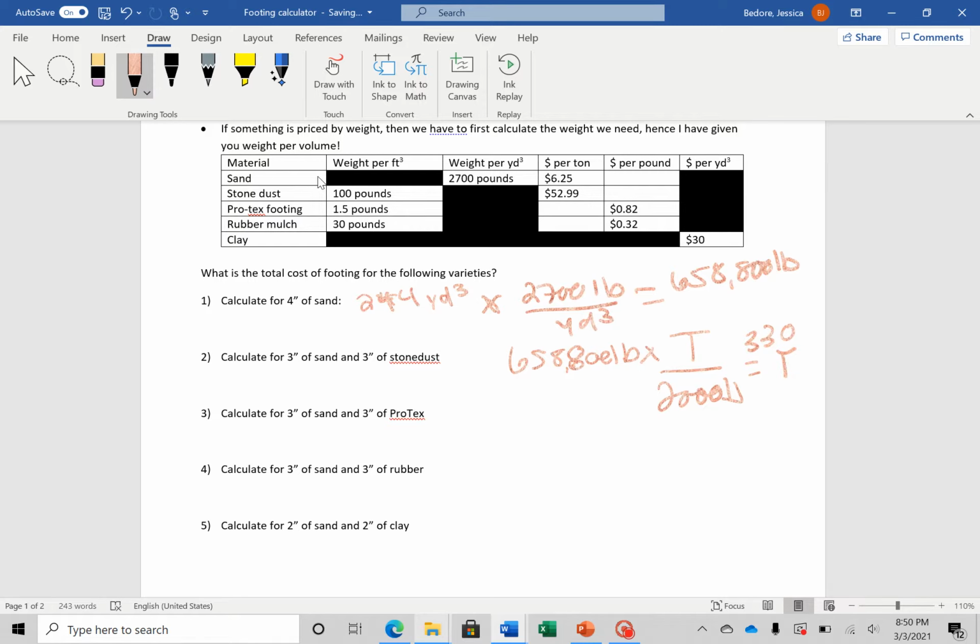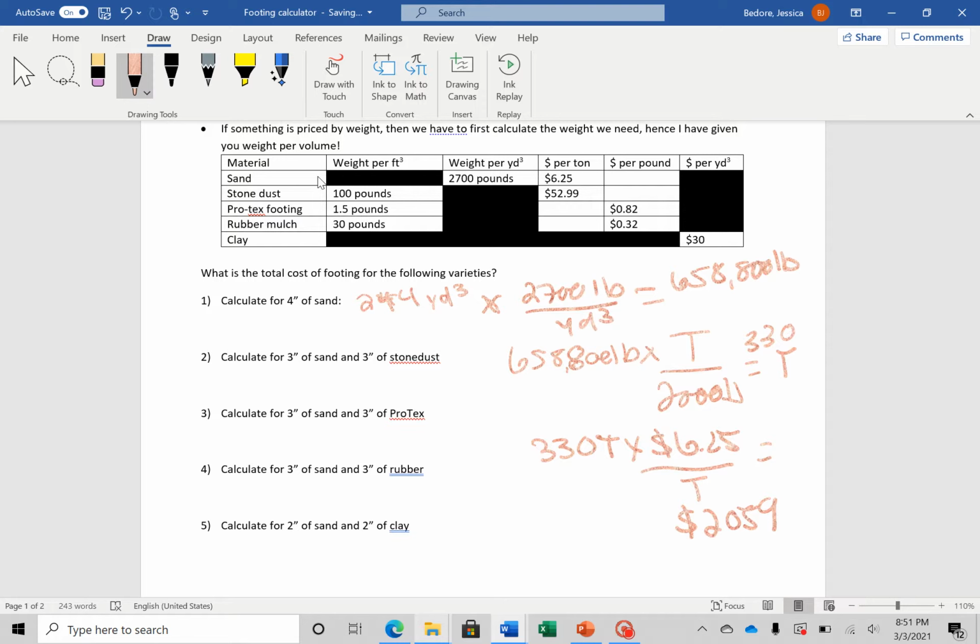Then we can multiply by our price. So 330 tons times $6.25 per ton equals $2,059. Okay, so that would be your price for 4 inches of sand.